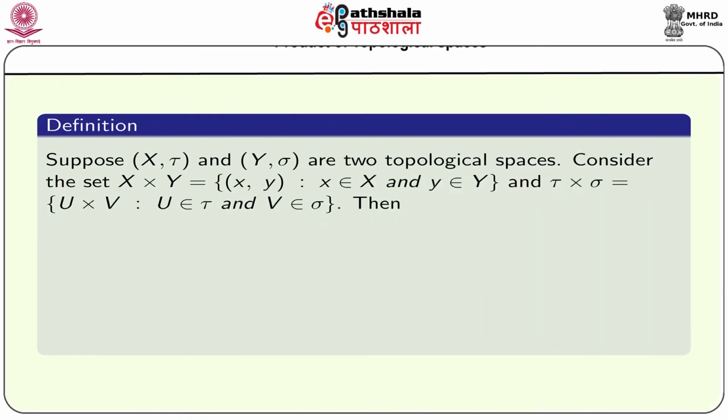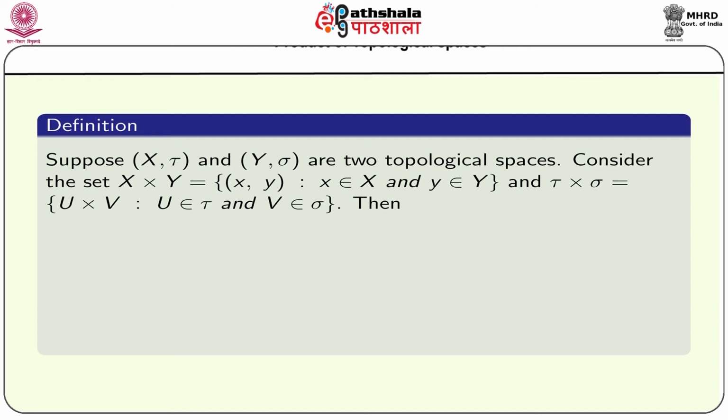Product of topological spaces gives a method of construction of various other topological spaces from given ones. Now, we shall introduce finite product of topological spaces and see one or two examples of such product of spaces. Suppose we take two topological spaces, one is X tau and the other one is Y sigma.